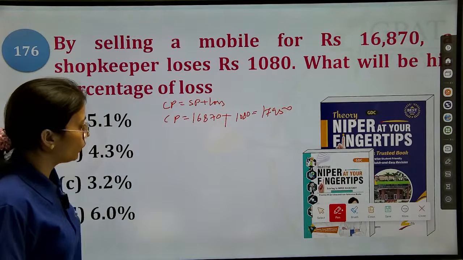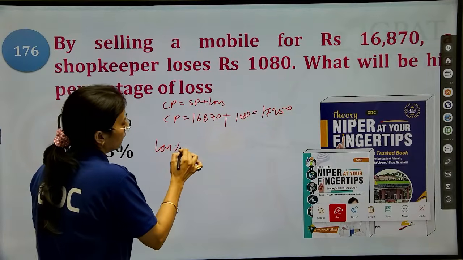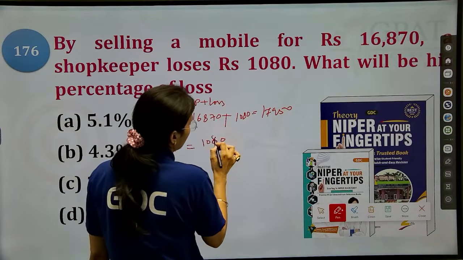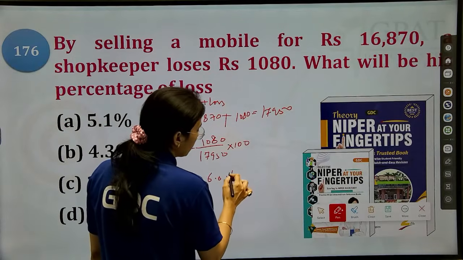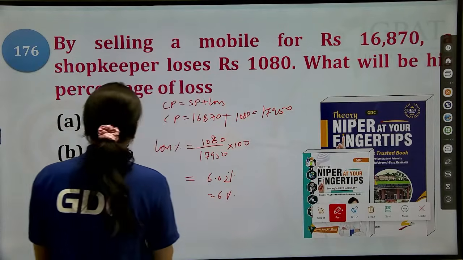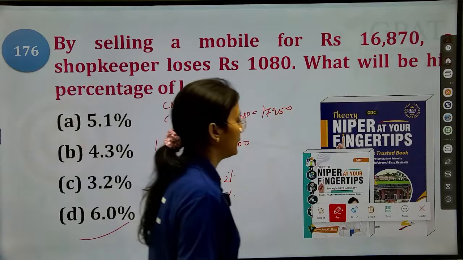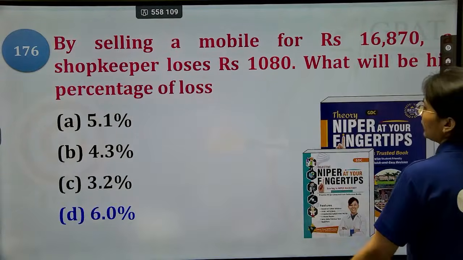So the loss percent is 1080 upon 17950, 6.02%, that is 6%. So option number D is correct.